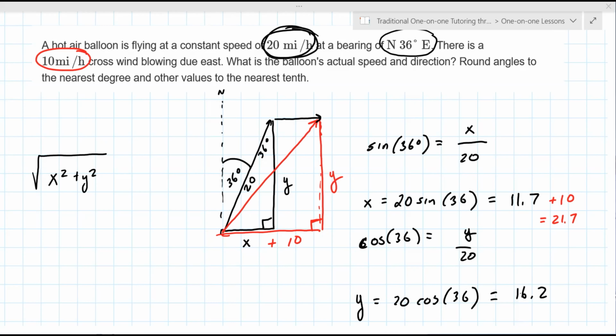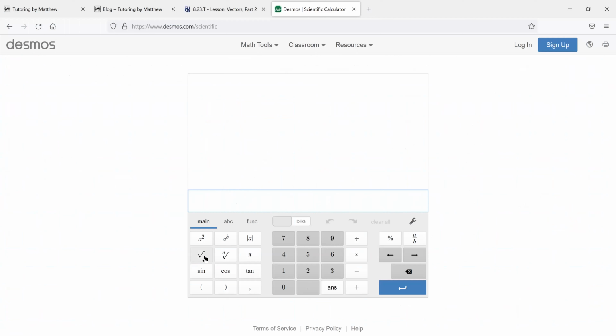I hear way too much clicking, so I'm going to share this Desmos scientific again because I don't think you're doing it the way that it should be done. And it really is not meant to be that difficult. So here's the square root button. Square root of, and then it's 21.7, but then you're squaring it.